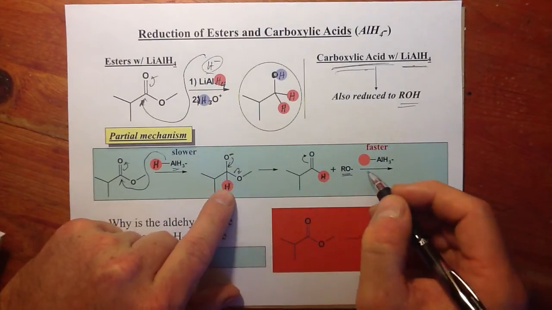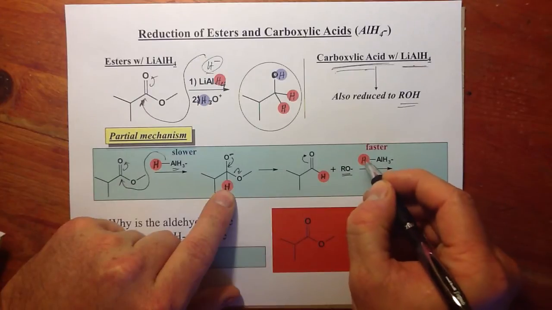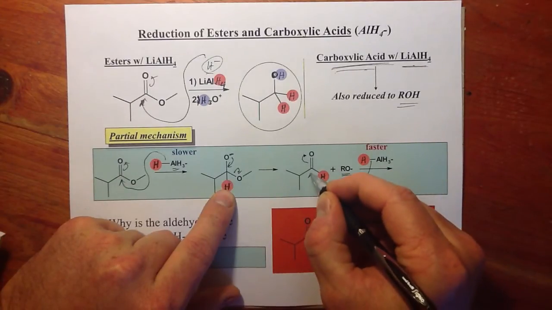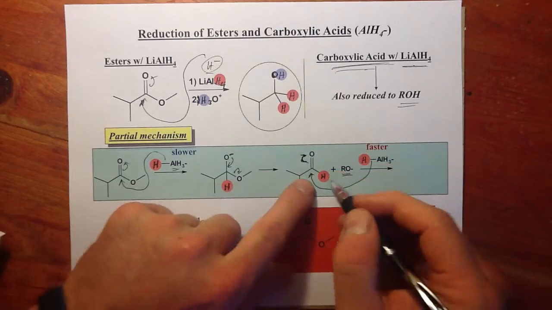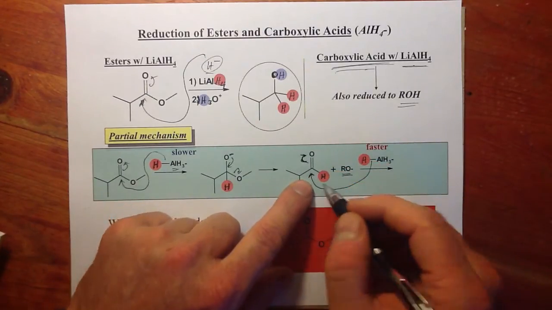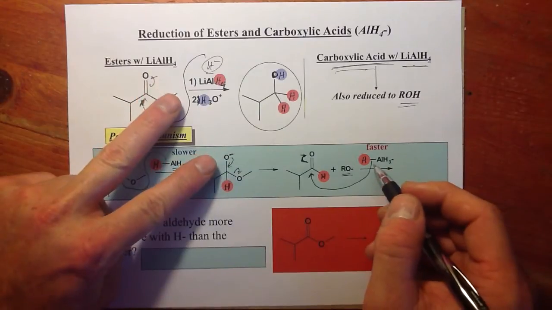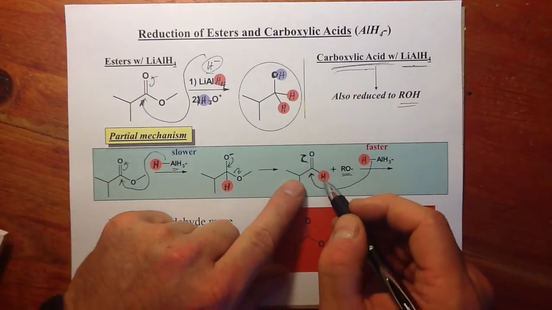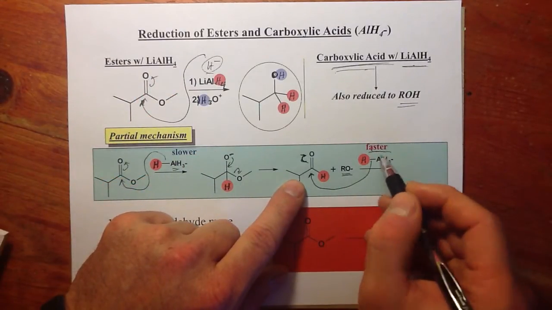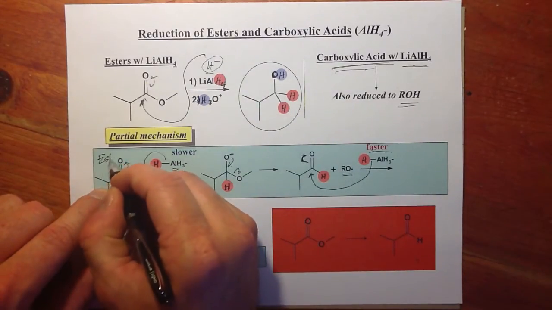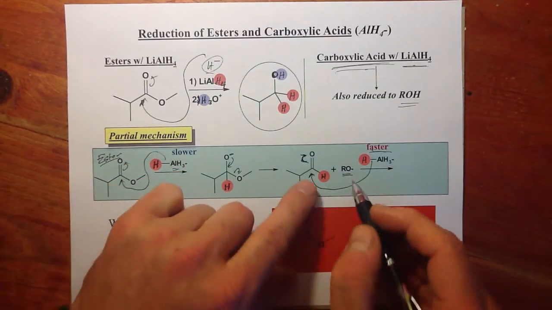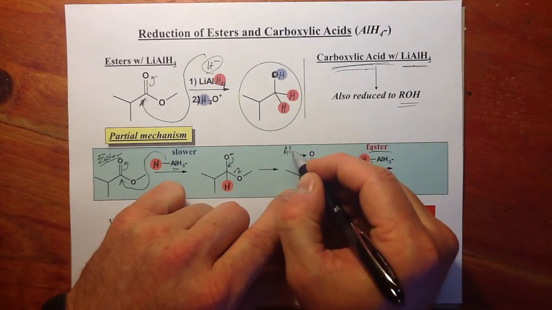There's our one hydrogen on, and we can have a second hydrogen as hydride come in, and I apologize, this arrow should have been shown subsequent to this arrow, because we can drive in a second equivalent of hydride on an aldehyde. This is a faster reaction than the hydride attacking an ester. Esters are less reactive than aldehydes.